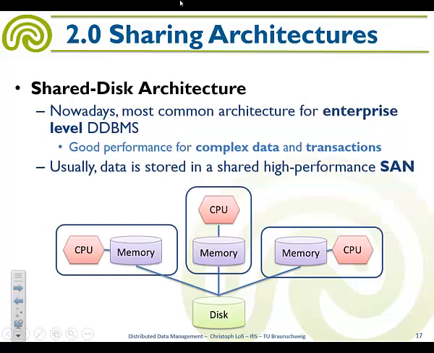In a shared disk system, you have multiple nodes accessing the same hard drive, which is more or less the same problem as multiple CPU cores accessing the main memory, just on the next level, but still the same problem. And that works rather well if you have a tightly integrated environment. So for example, if your disk is within a single computer or within a storage area network.